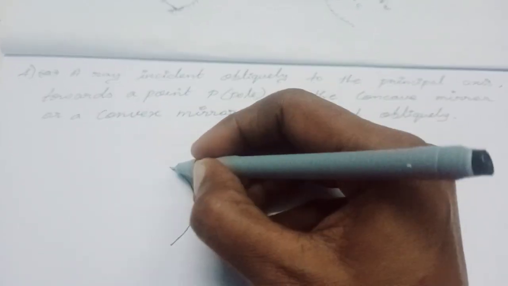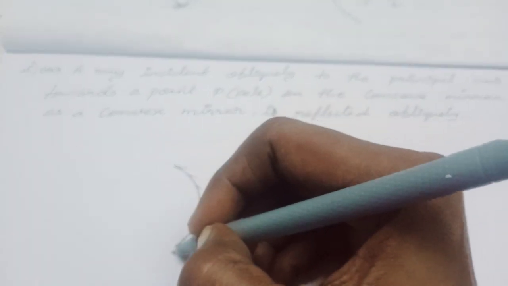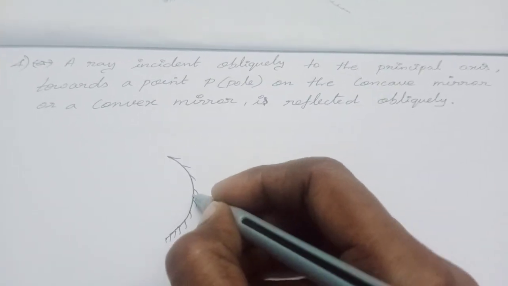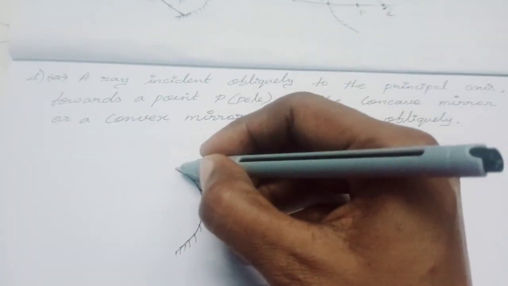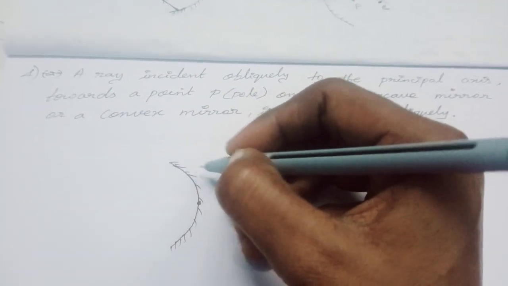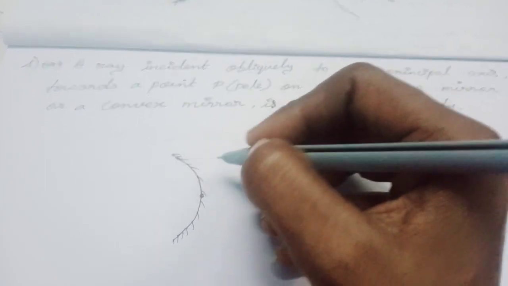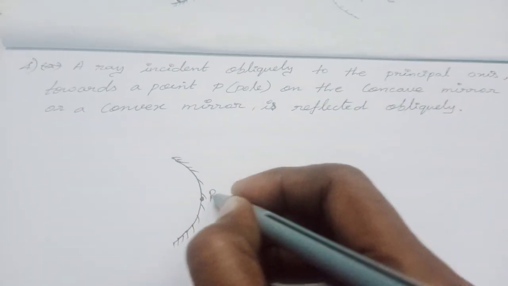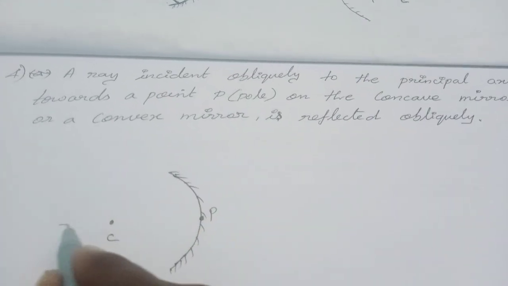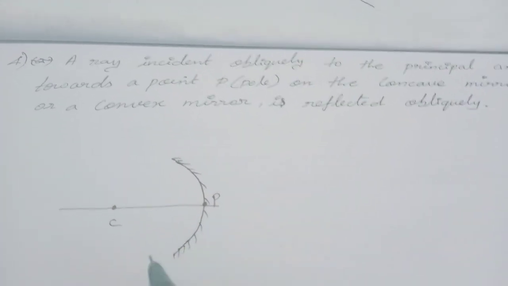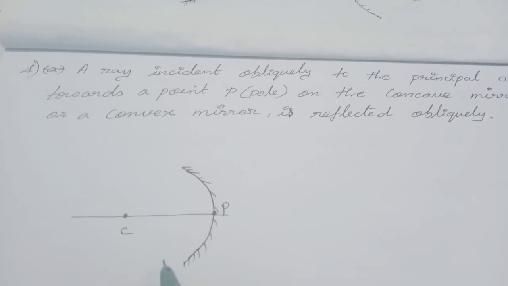See, concave mirror again. So you have to be clear with the diagram, students. You have to practice that well. You should know how to draw the diagram freehand. So this is the pole, this is the center of curvature, this is the imaginary line, that is the principal axis.